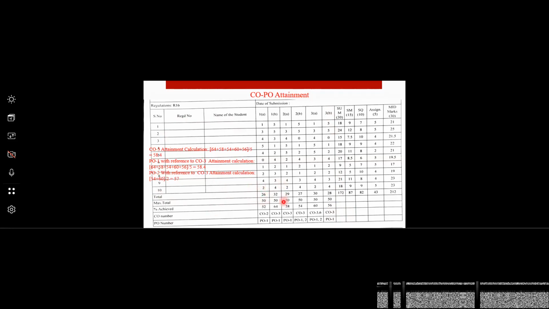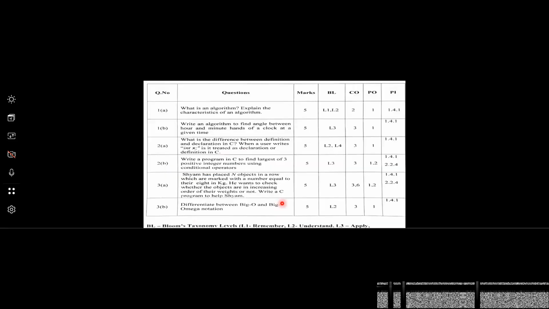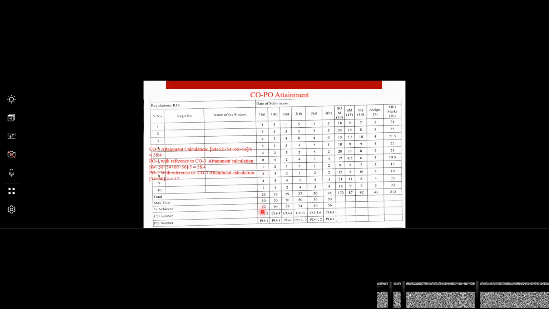And how many marks is 1A? Sir, can you go to the previous slide? How many marks? 5 marks. 1A is 5 marks. Next slide, please. 5 into 10, the maximum marks is how much? 50. Out of that, the 10 students have scored 26. Right? That means the percentage achieved is only 52%.